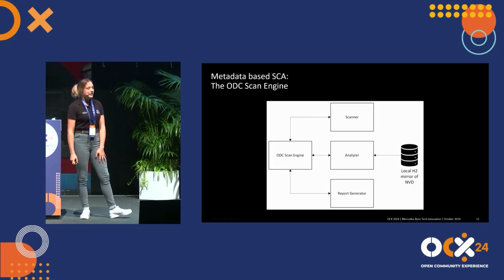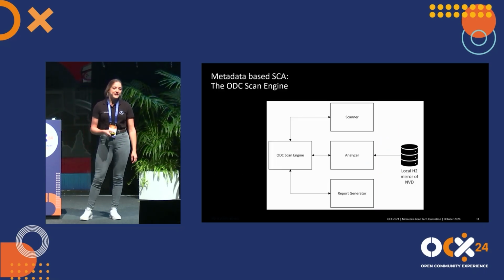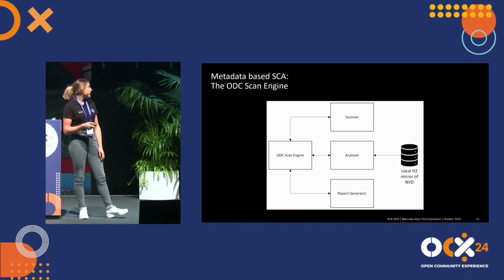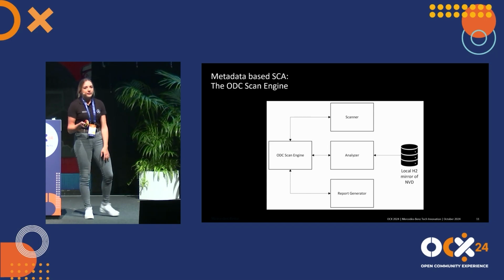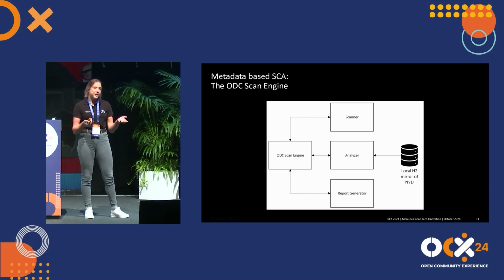Let's take a quick look at the metadata-based approach. We have here the OWASP Dependency-Check scan engine, and we first scan our files. Scanning our files means we're looking, for example in Java code, for POM XML, for Gradle files, and so on, and we scan them for evidence.